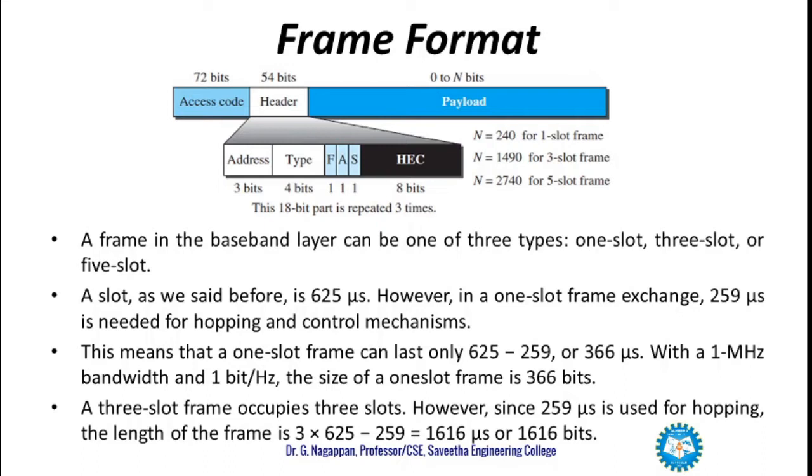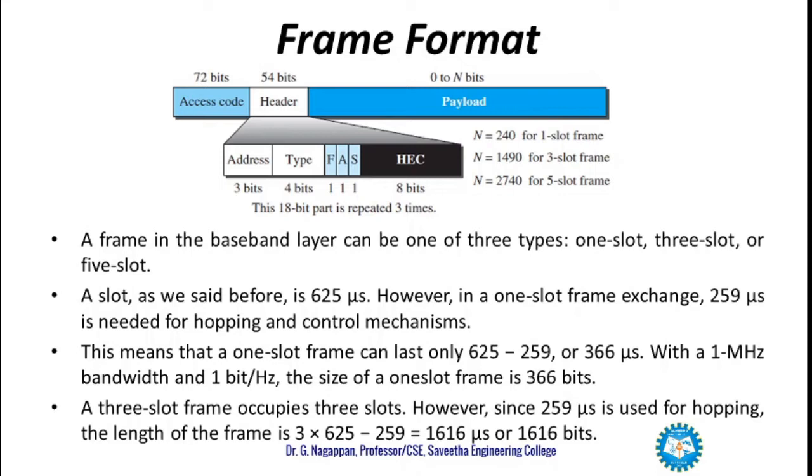Now a frame in the baseband layer can be one of 3 types: 1 slot, 3 slot or 5 slot. So n equal to 240 means a 1 slot frame, n equal to 1490 is a 3 slot frame, and n equal to 2740 is a 5 slot frame. A slot, as we said, is 625 microseconds.